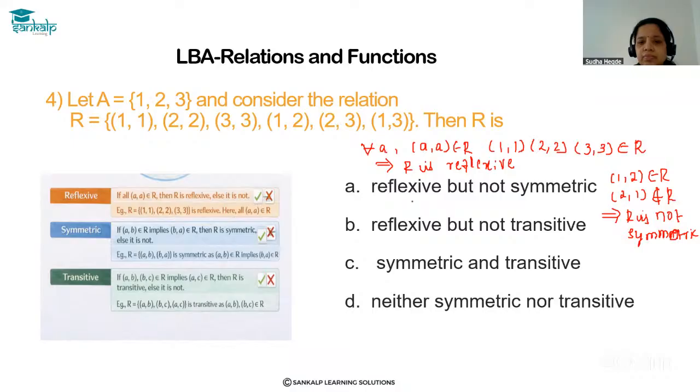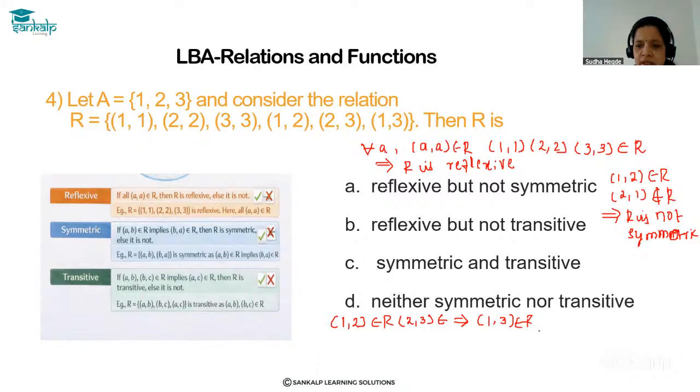Next. (1, 2) belongs to R. (2, 3) belongs to R. This implies (1, 3) also belongs to R. So, with respect to these two pairs, it is transitive.